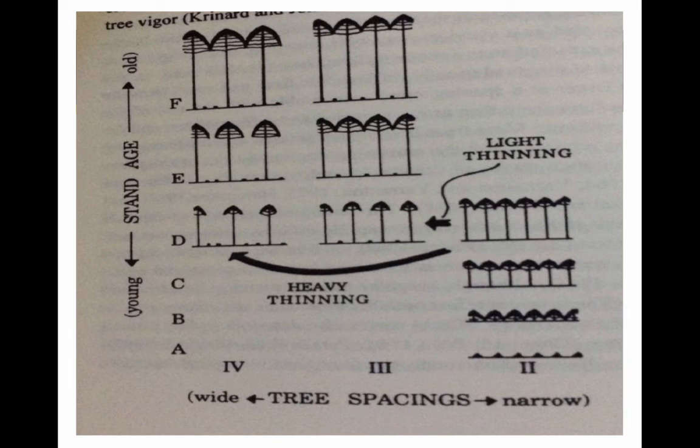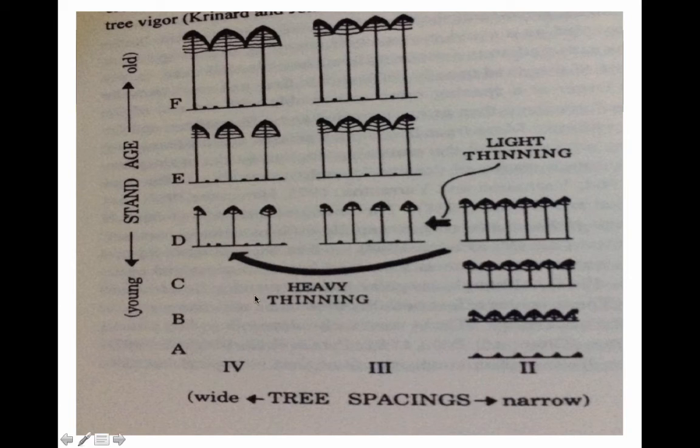So we can see this example. This is again from Oliver and Larson. If we look at time A and we move through, we're hitting this level of competition. And we can do types of thinning. We're going to go through different types of thinning in the next lecture, but in this example, we'll just call them a light thinning or a heavier thinning.